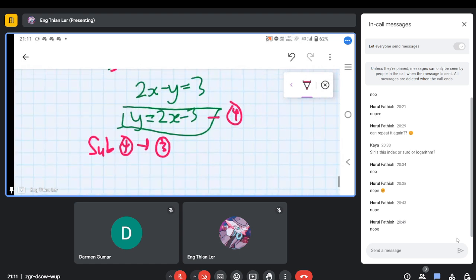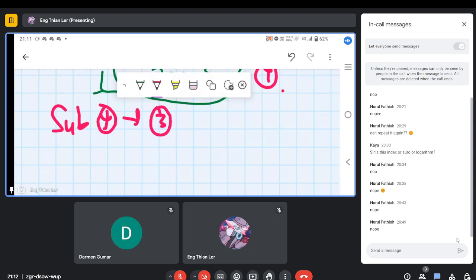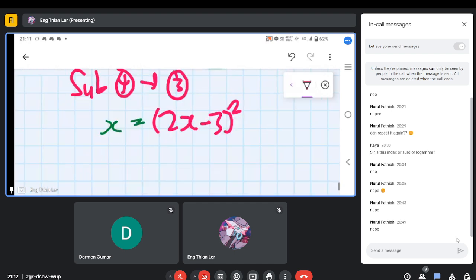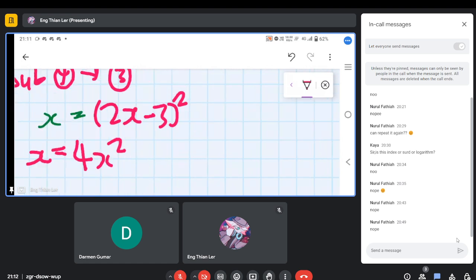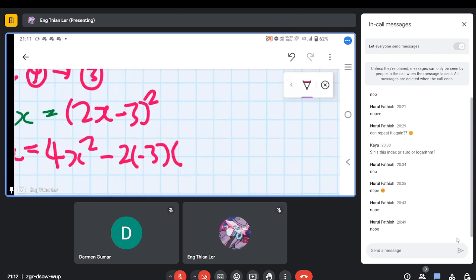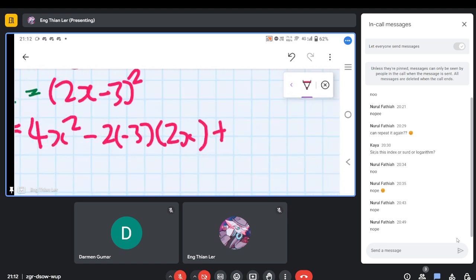So x equal to y squared, so x equal to 2x minus 3 squared. We just solve it using a squared plus 2ab plus b squared.